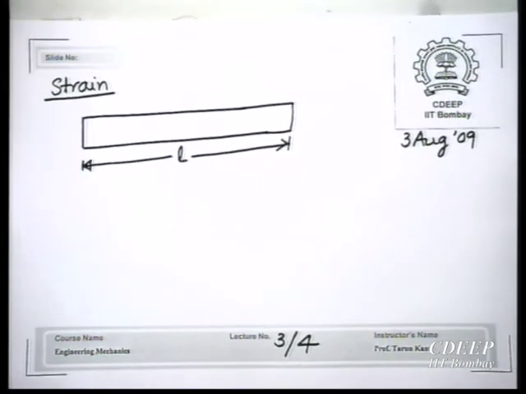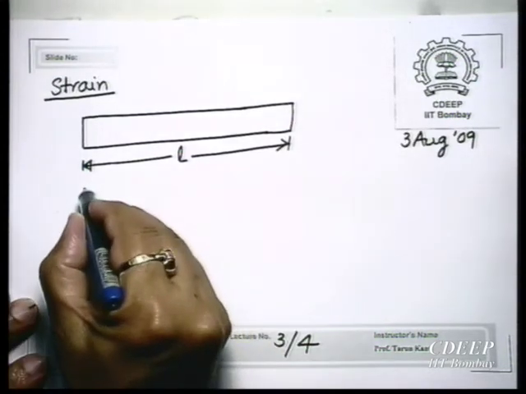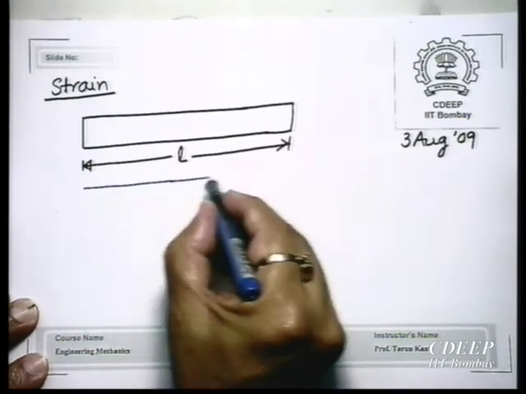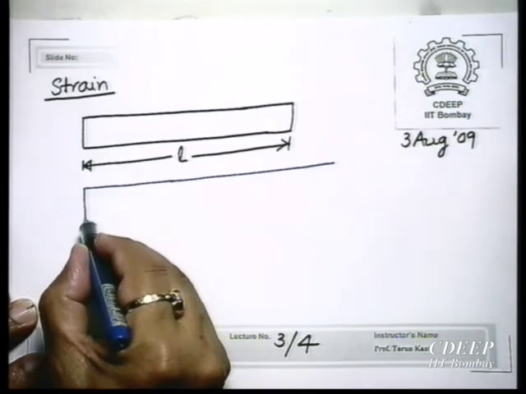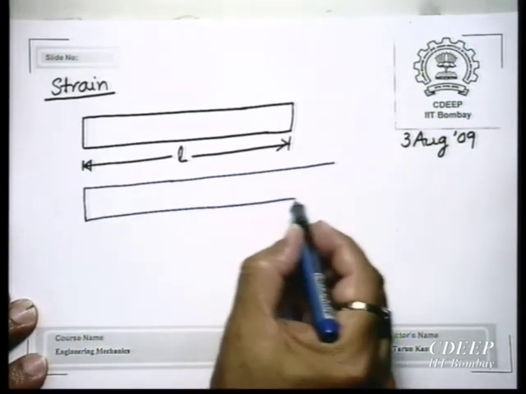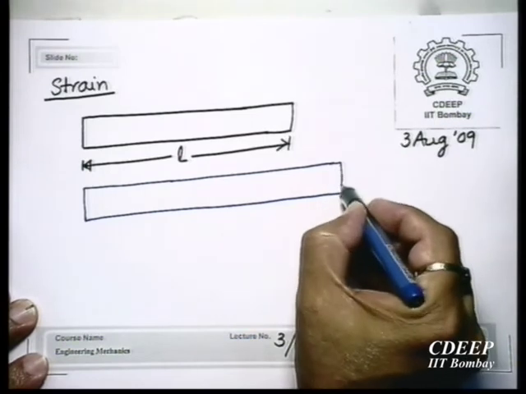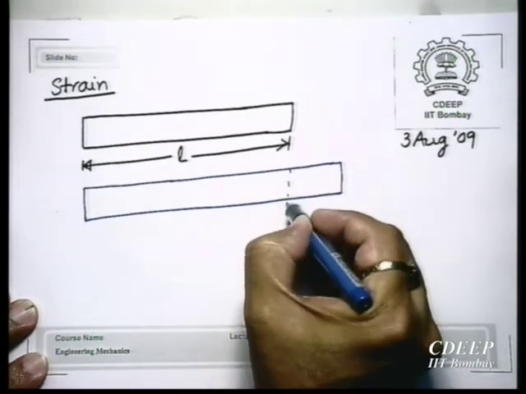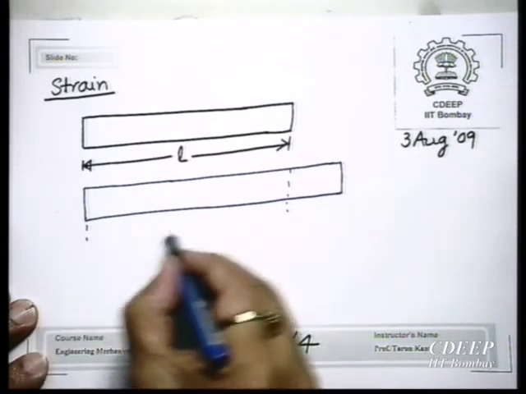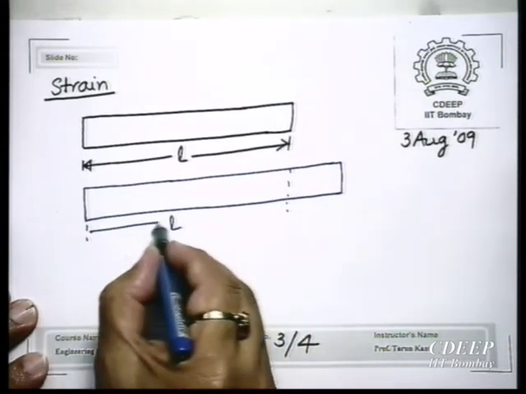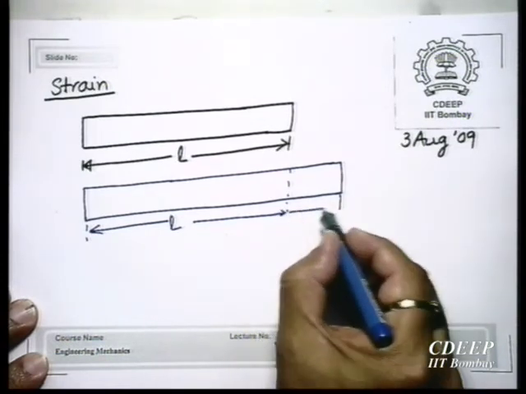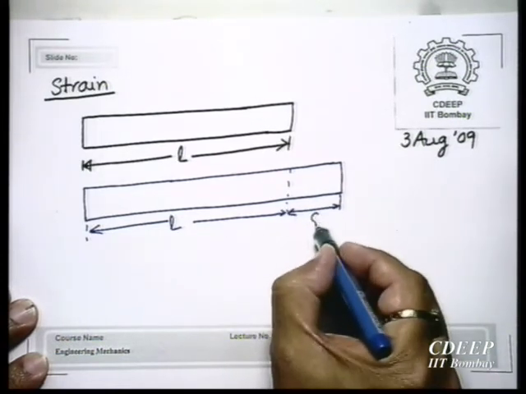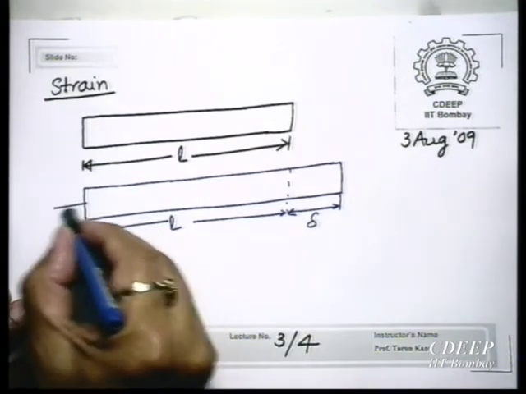Then when you apply the load, its length changes; I am keeping the left end at the same point. So, it becomes L plus delta. Here we have applied the load.